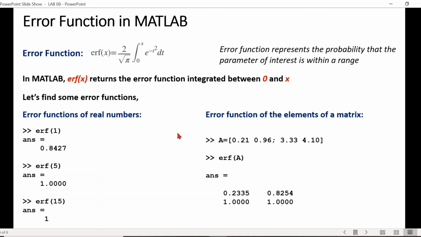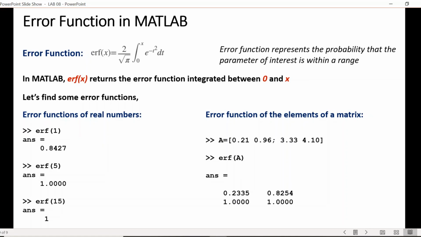In your assignment for problem 2, there is a term mentioned, error function. So what does it mean actually? Error function comes from the integral of standard normal distribution, which gives you an idea of the probability that a parameter of interest lies within a range.